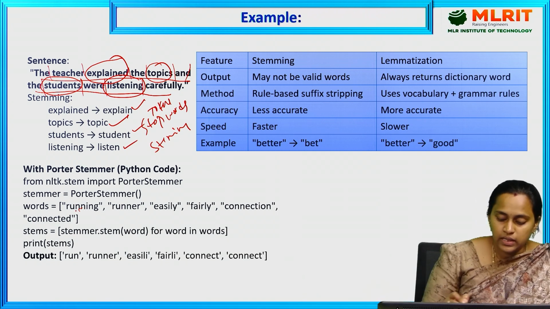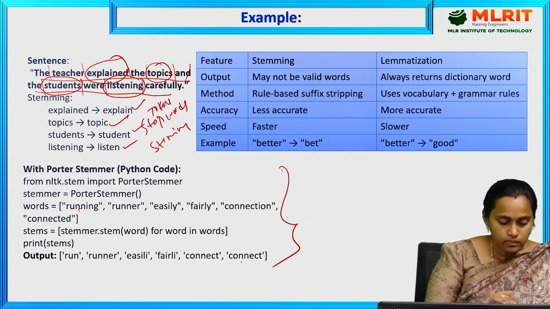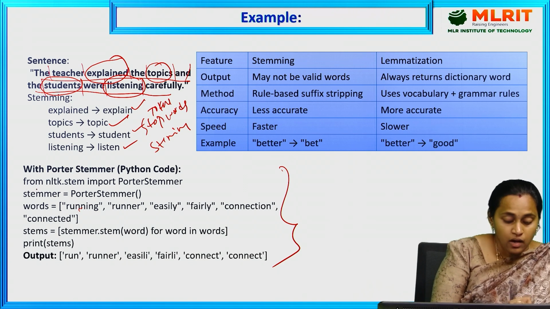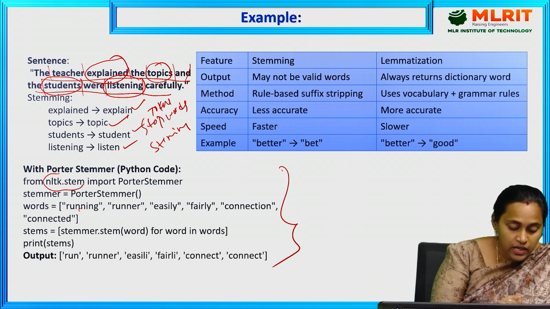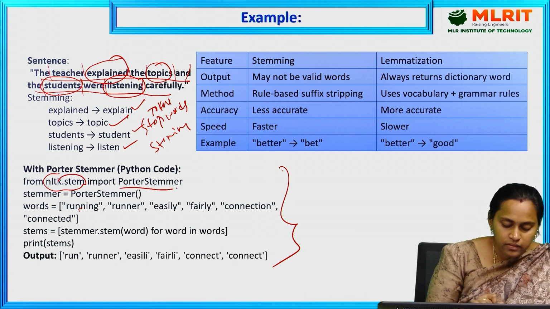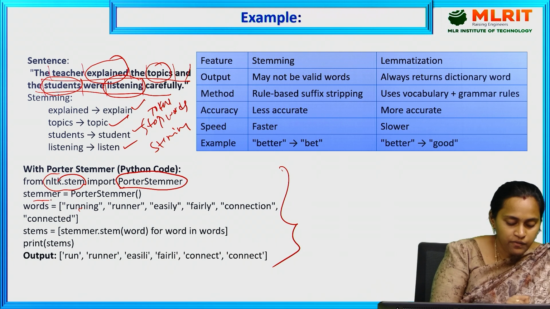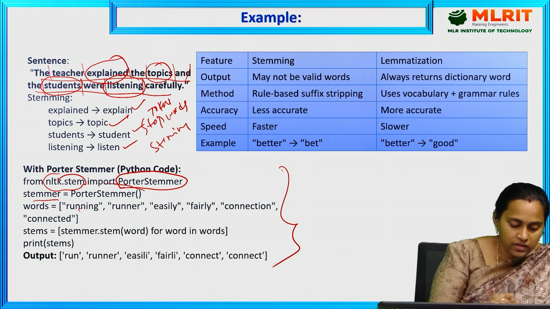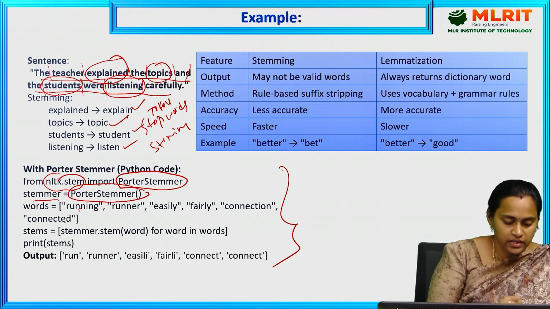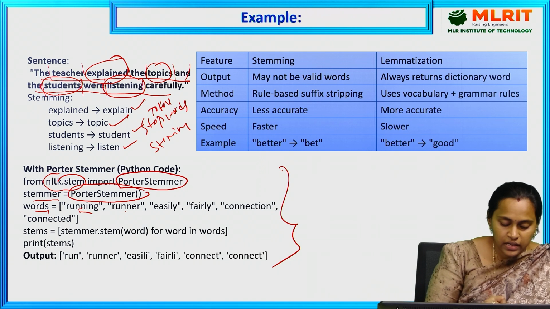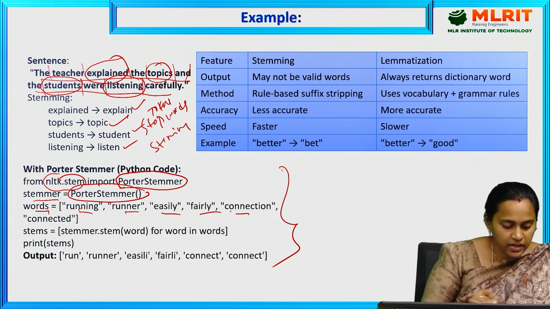Here is the code for the Porter stemmer. From NLTK, the Natural Language Toolkit, we import the Porter stemmer. We write the code using it. After importing the stemmer, we write the function. The words are running, runner, easily, fairly, connection, connected.